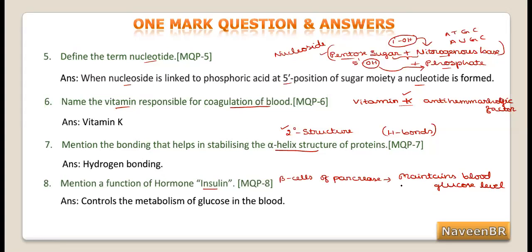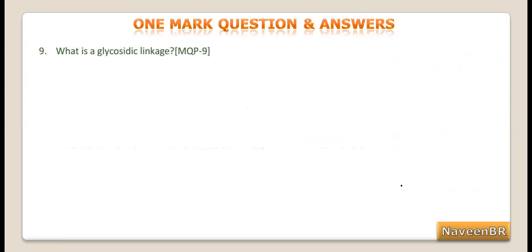Now we'll move to the next question. Question from the 9th model paper. What is a glycosidic linkage? Now, with respect to the major biomolecules we have discussed, carbohydrates, proteins, and nucleic acids, you can recall the linkages in the respective biomolecules.